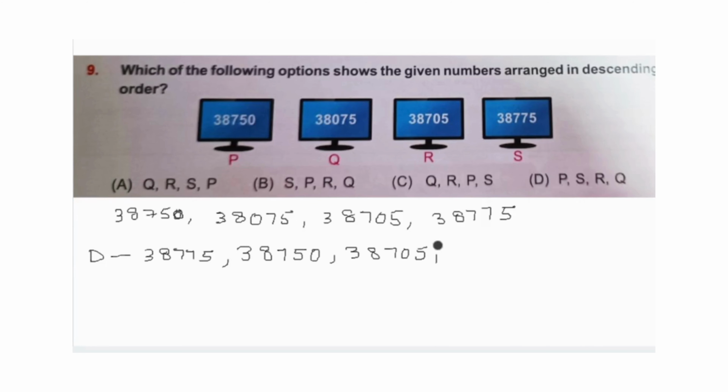Finally, the value of Q, which is 38075. Now we have listed all our numbers in a descending order.